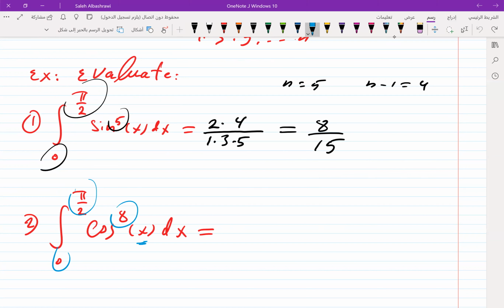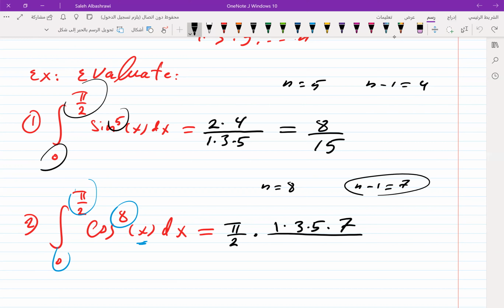So I have n equal to 8, n minus 1 will be 7. So we should stop at 7 for the numerator. Since we have even power, we must have pi over 2 multiplied by odd numbers up, which is 1 multiplied by 3 by 5 by 7, which is n minus 1, divided by 2 by 4 by 6 and 8.